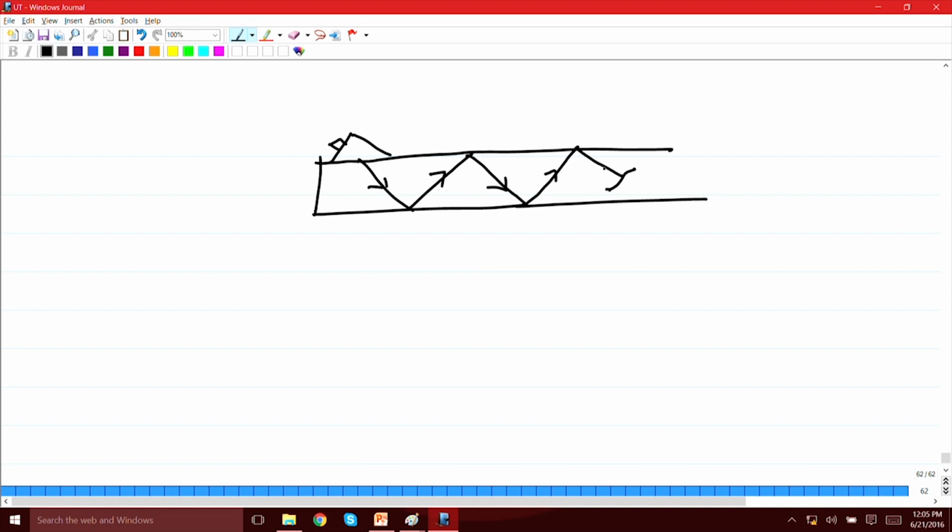So, when it encounters a reflecting interface, then it is going to reverse the direction and follow the same path and will come back to the probe, and that is where you get an echo from a discontinuity which is present in the path of this beam, which is going in a zigzag manner like this because of that incident angle.